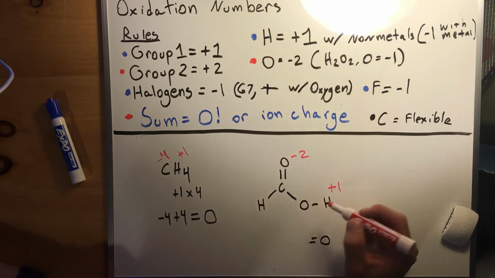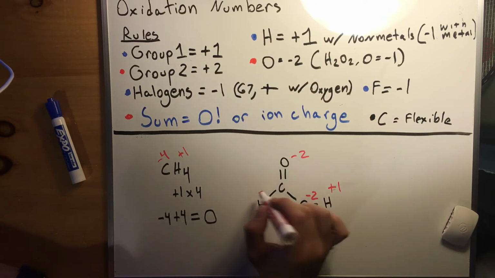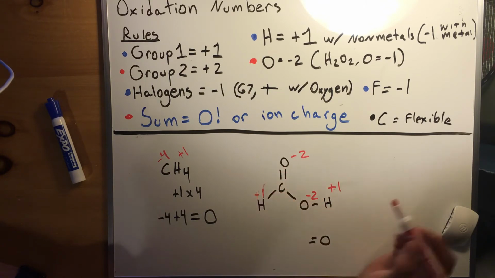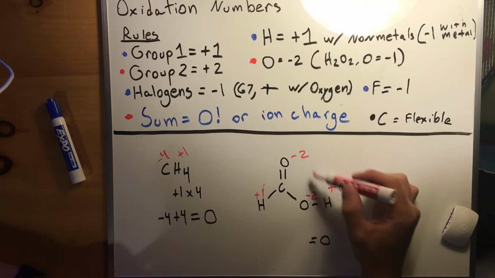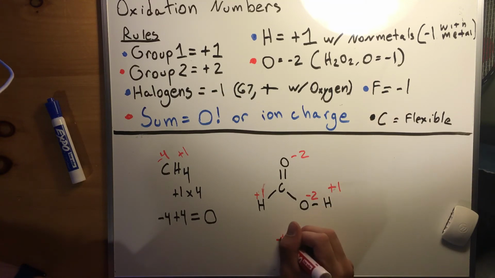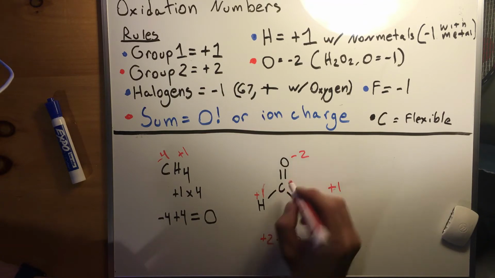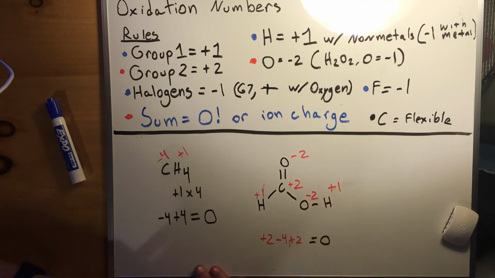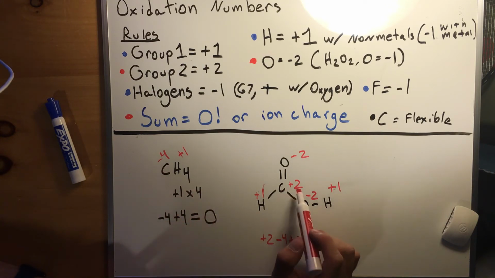Oxygen, we know that's a -2, -2, and +1 here. So we've got 2 positive, 4 negative. So far we've got -4, +2, and now carbon. So this here is going to equal -2, so carbon must be +2. You can see carbon is the flexible atom. -4 here, +4 here.